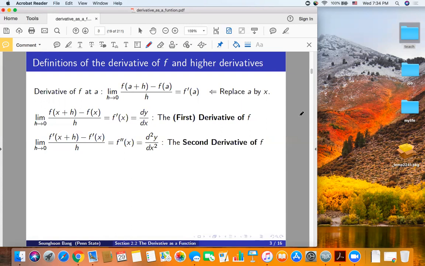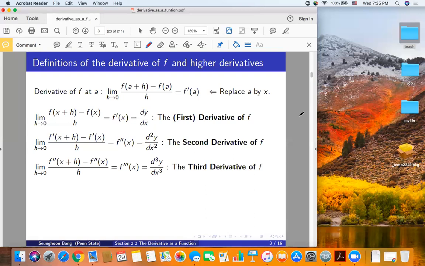So we call this the second derivative of f. The next one is the limit of the second derivative of f at x plus h minus the second derivative of f at x over h. This is f triple prime of x, with another notation, d cubed y over dx cubed. So we call this the third derivative of f.